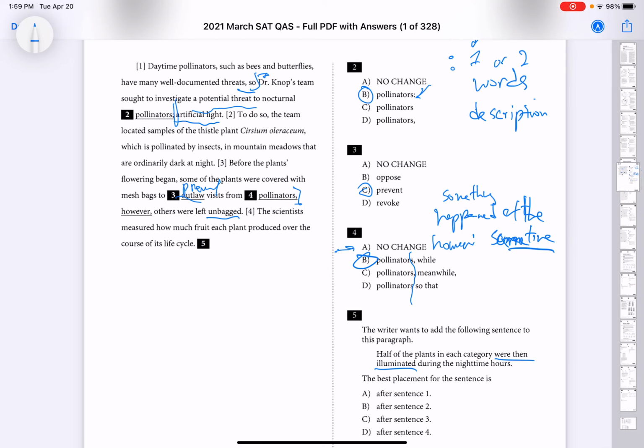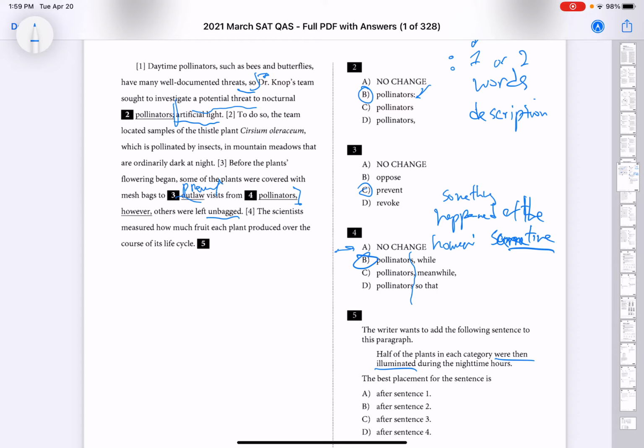"Daytime pollinators such as bees and butterflies have well-documented threats." Okay. "To do so, the team located a sample of thistle plants, which are pollinated by insects, in mountain meadows that are ordinarily dark at night." And then 3 says, "Before the plant's flowering began, some of the plants were covered with mesh bags to prevent visits from pollinators; others were left unbagged."